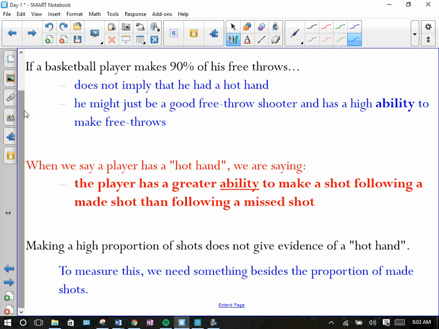Just because you make a high proportion of shots, that does not give us the convincing evidence that you had a hot hand, or that player had a hot hand, or that team had a hot hand. All right. To measure this, we need something besides the proportion of made shots.